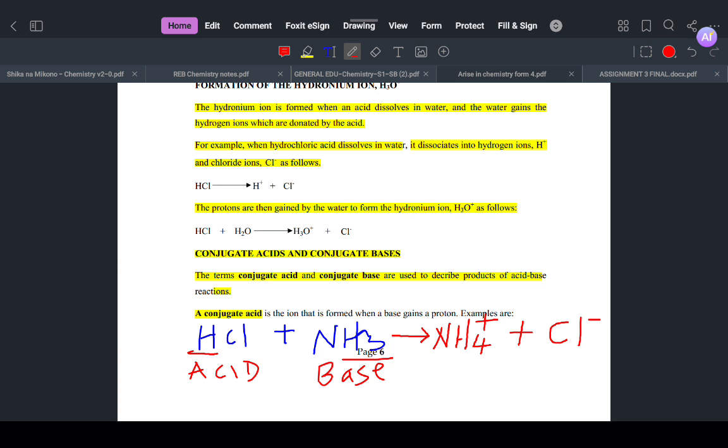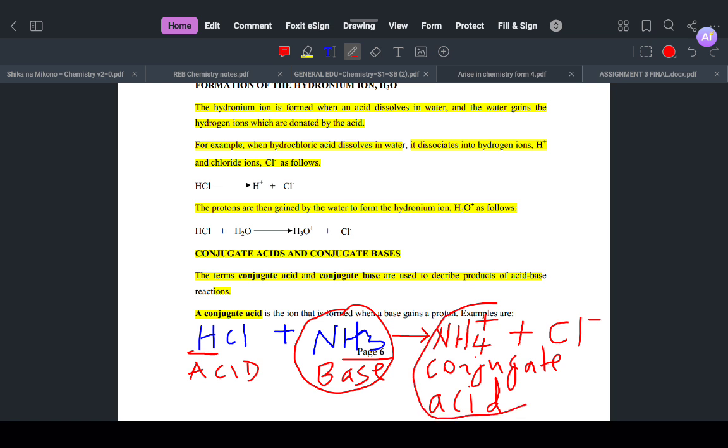The base becomes a conjugate acid. So what is formed after a base has gained a proton is called a conjugate acid. Take note of that. The base becomes a conjugate acid upon gaining a proton from an acid.